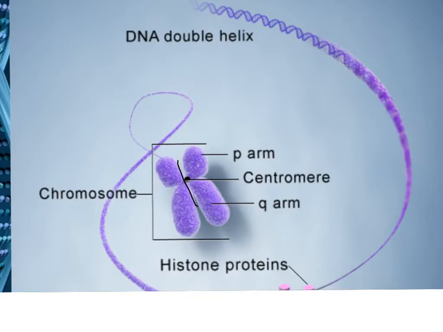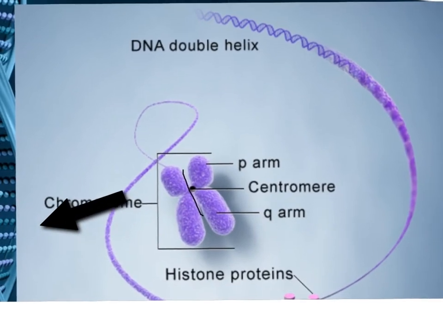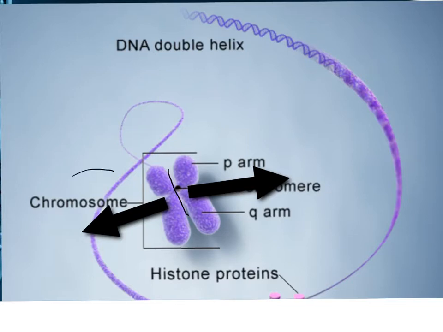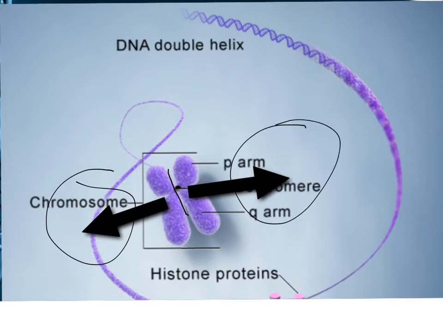And what will happen is that this copy will go this way, and this copy will go that way. And they'll each go into their own cells, so that both of them will have a copy of the DNA that goes into that cell.